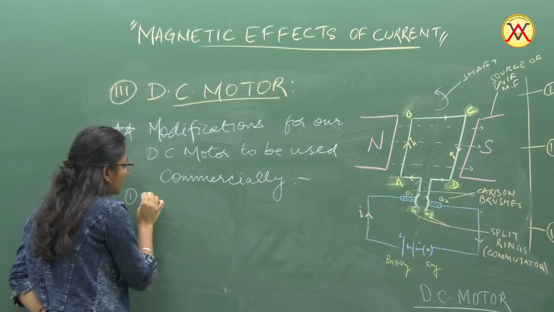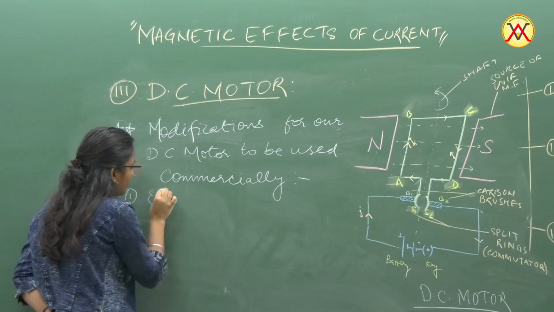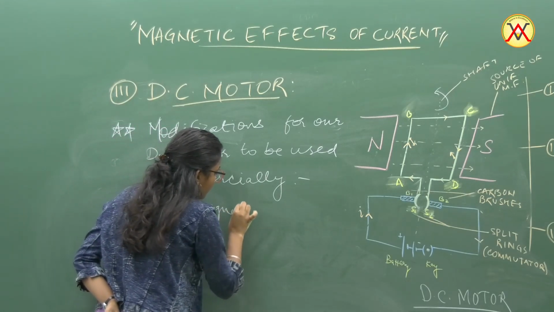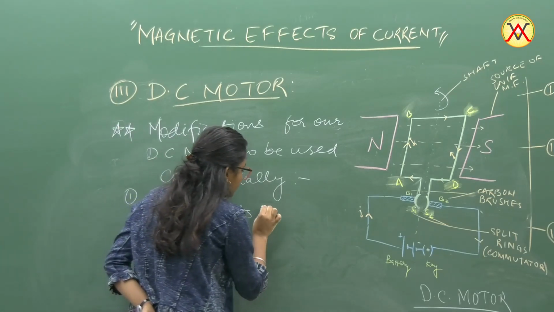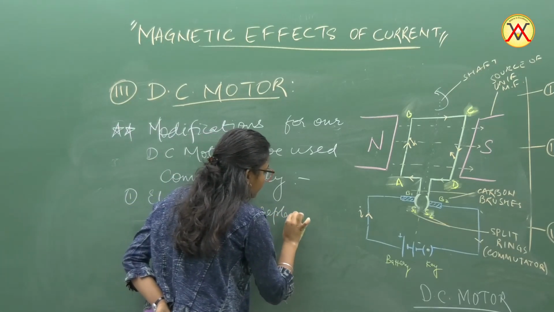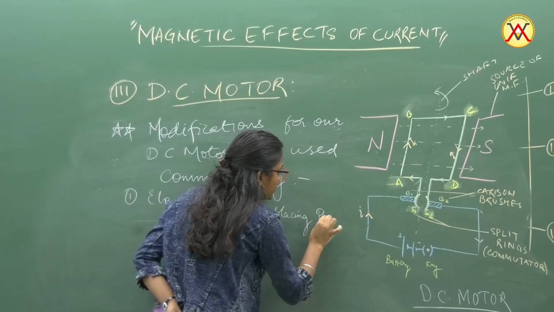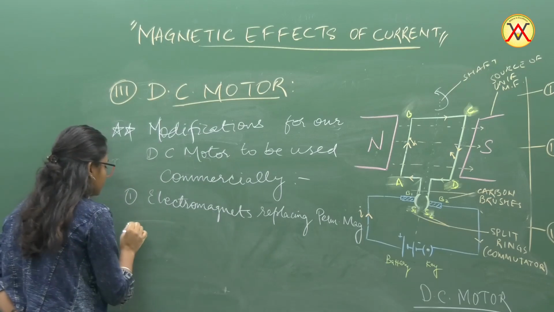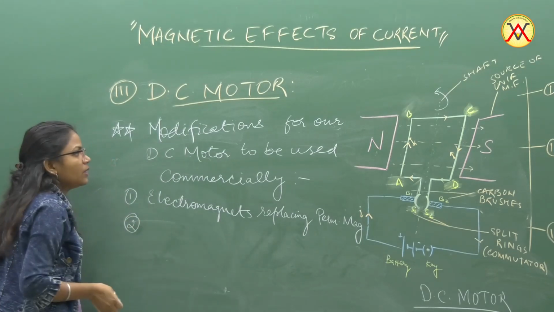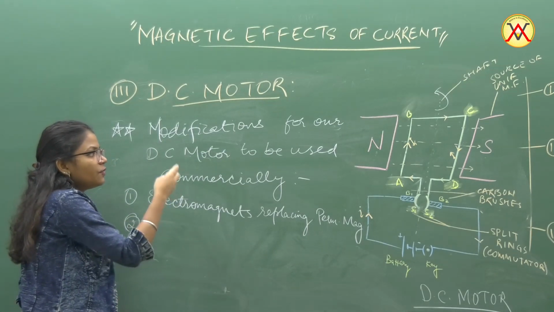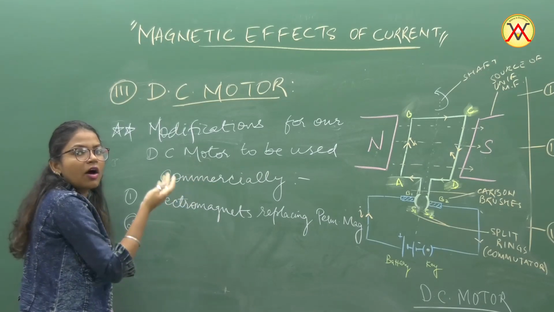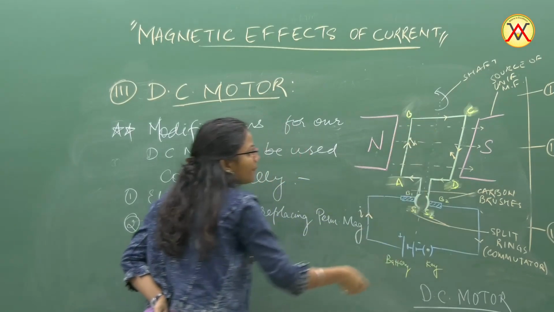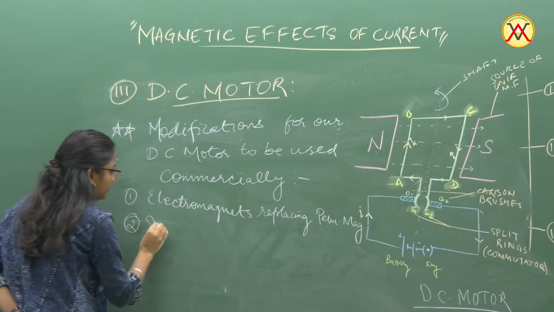So first one is using electromagnets, replacing permanent magnet. Second one, to enhance the power of our motor, we could just increase the number of loops in the coil.